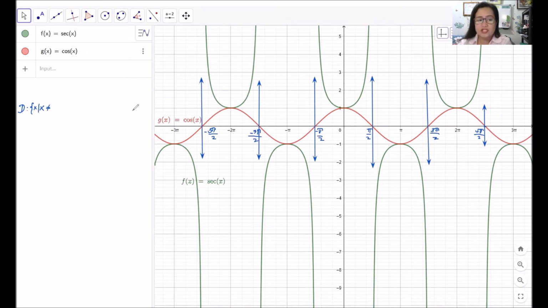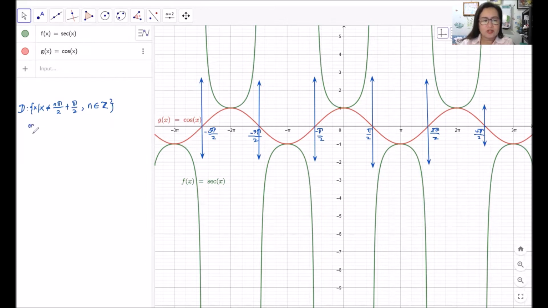As you notice, these are not just multiples of pi over 2, these are odd multiples of pi over 2. So we write x is not equal to n pi over 2 plus pi over 2, where n is an element of the set of integers.